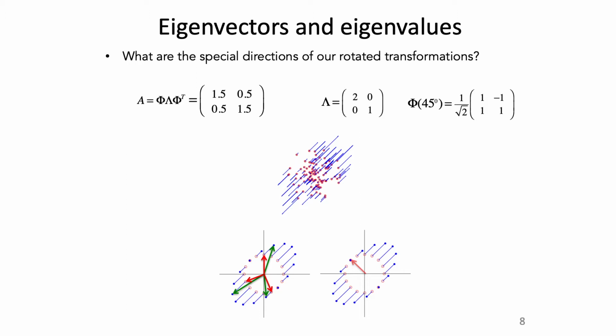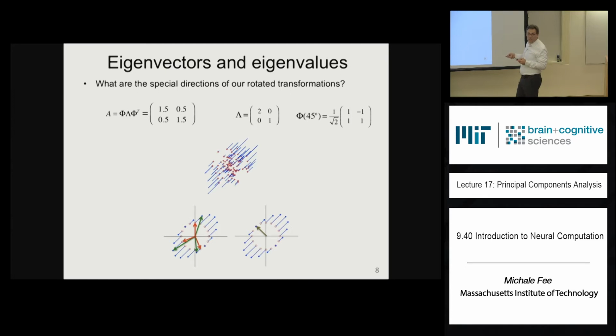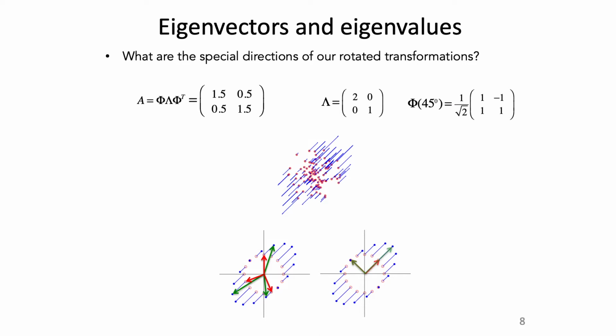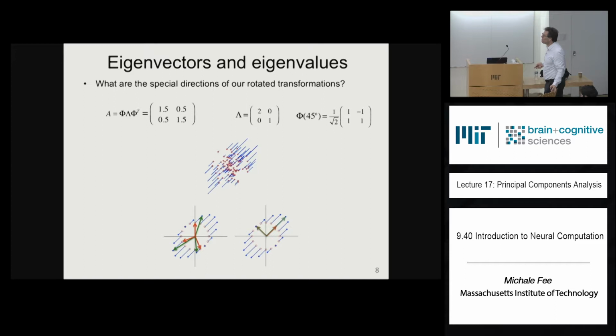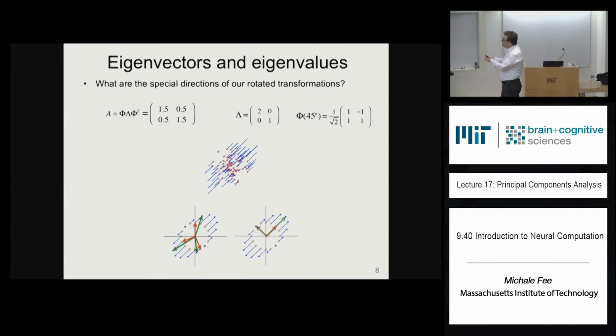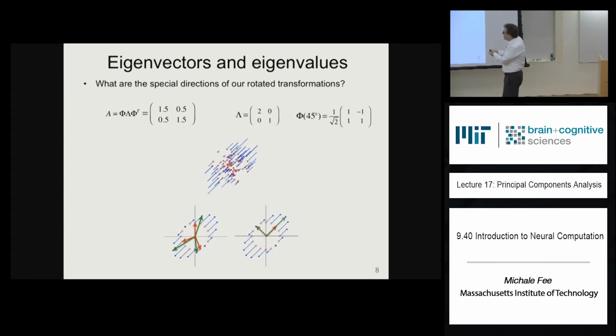Well, they're going to be these vectors right here. This vector along this 45-degree line gets transformed. It's not rotated. It gets stretched by a factor of 1. And this vector here gets stretched. So you can see that this matrix has eigenvectors that are along this 45-degree axis and that 45-degree axis.